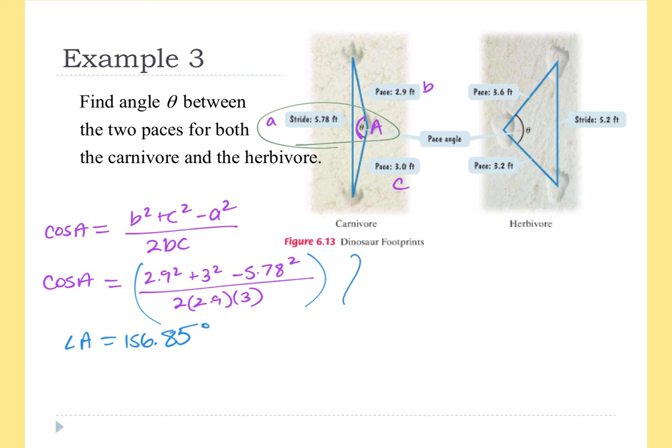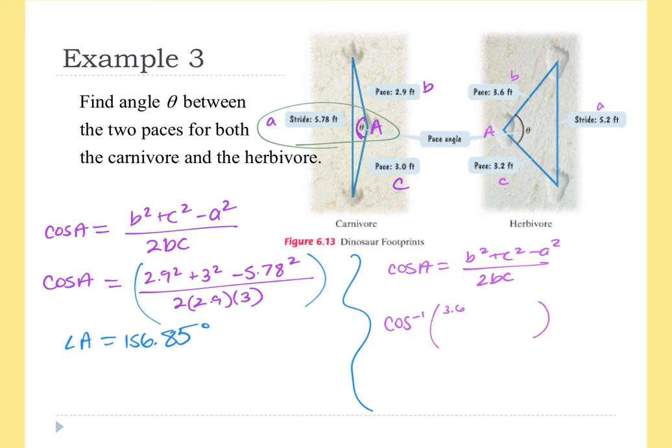And then I'm going to repeat that whole process for the second triangle. So I can call it A again. This would be A, this could be B, this could be C. Cosine of A equals B squared plus C squared minus A squared. The more times you write it, the more likely you're going to remember it, so I'd write it every time. I would get cosine inverse of the whole thing.